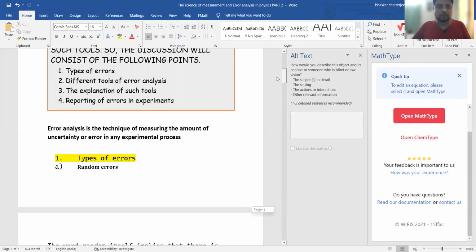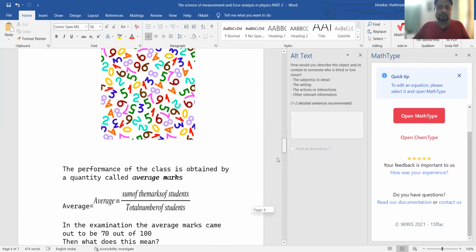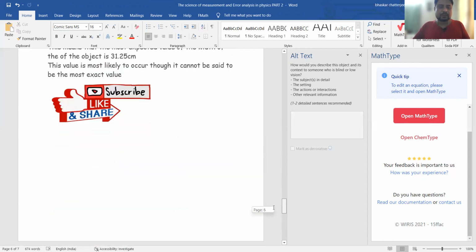This is the first tool to analyze the error or uncertainty in any experiment.